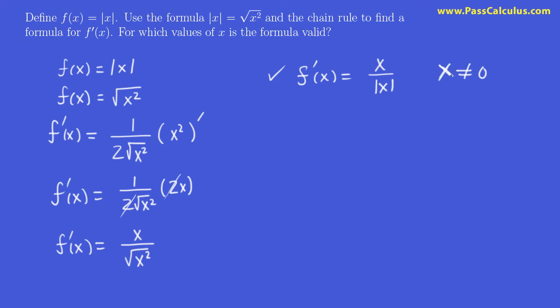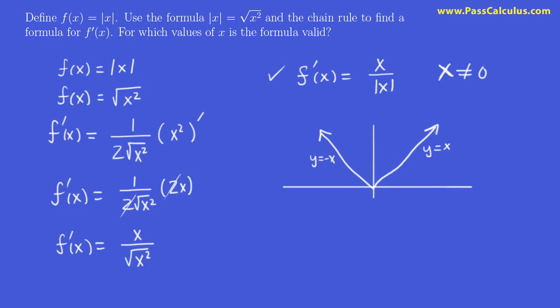Now this formula might look a little bit exotic, but it's really quite simple. Let's just think about what this means. Let me draw the graph of absolute value of x really quickly. It's just like a V, right? So the equation of this line here is y equals x, and the equation of this line here is y equals negative x.